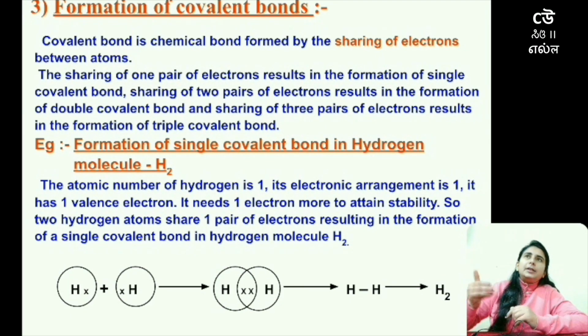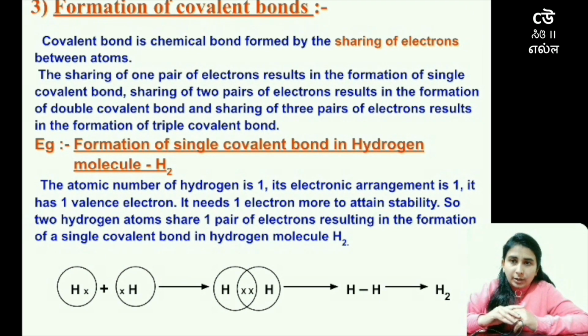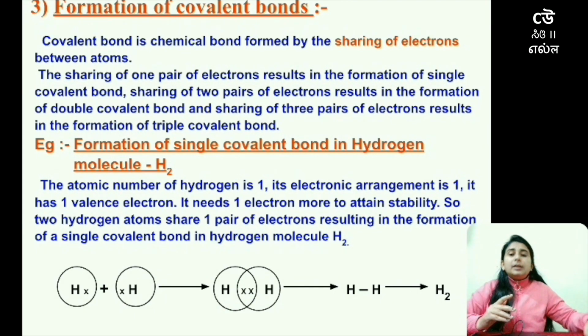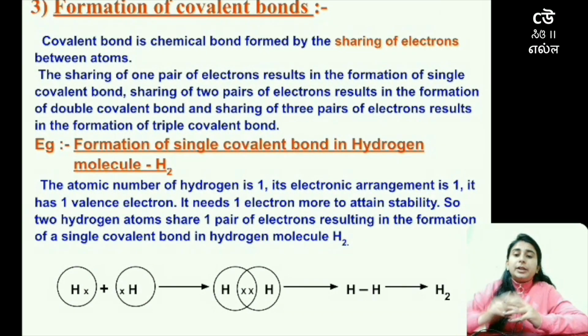You will find some cases where 2 electrons will be shared or 3 electrons will be shared. So depending upon how many electrons are being shared, we say that it's a double covalent bond, or a triple covalent bond. Okay, so now let's first talk about in what all cases there will be a single covalent bond.